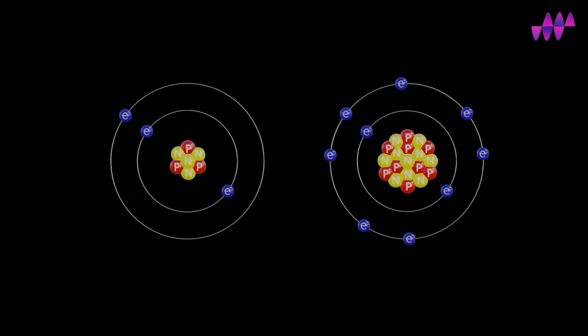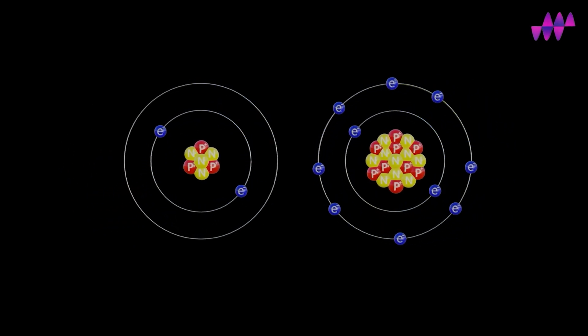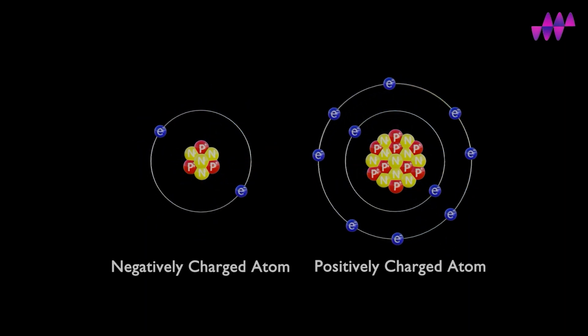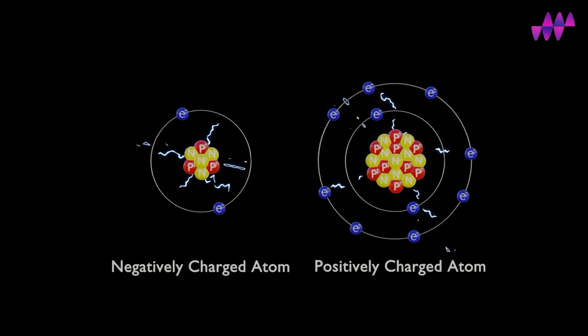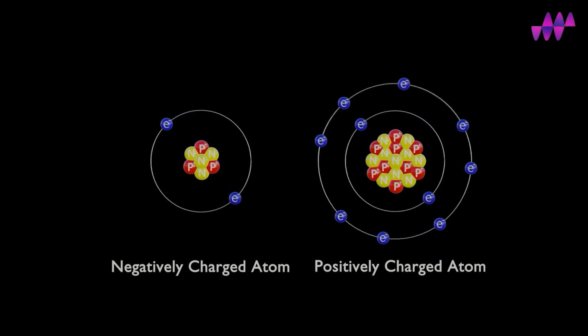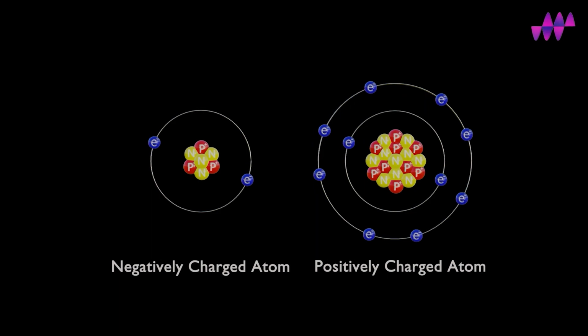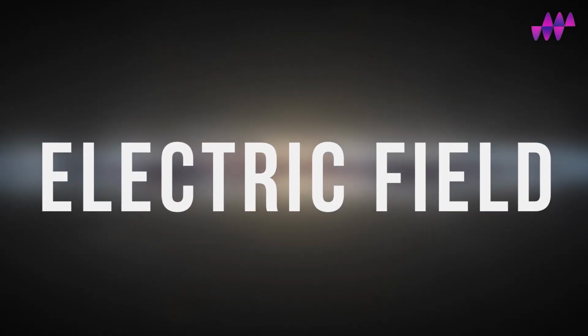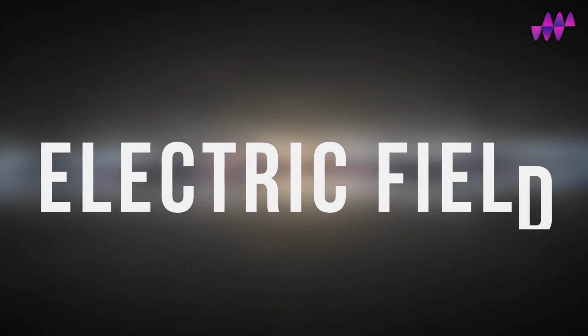However, if the electrons are migrating to the atom, then the atom will be negatively charged, as the number of electrons and hence the negative charges will be more than the number of protons. When the atom gets denaturized, positively or negatively charged, an electric field is generated, but that will be discussed in the next episode.